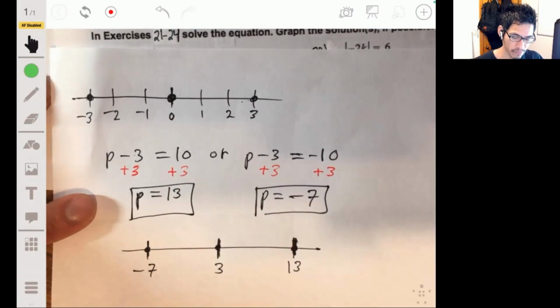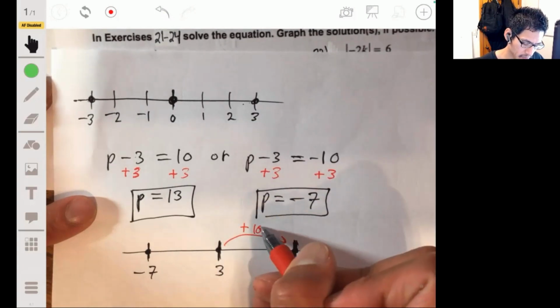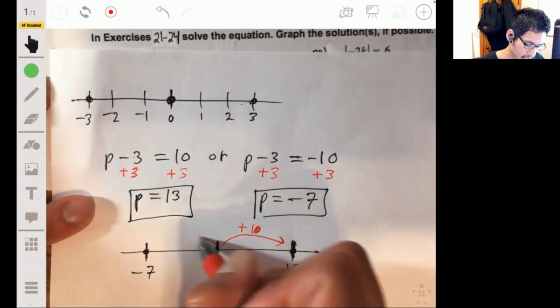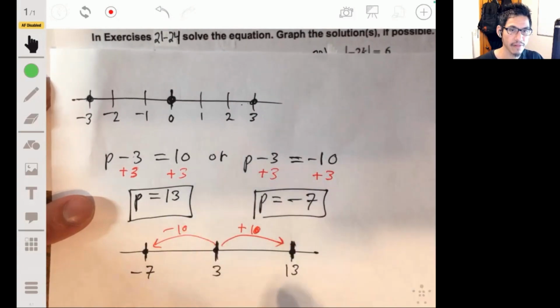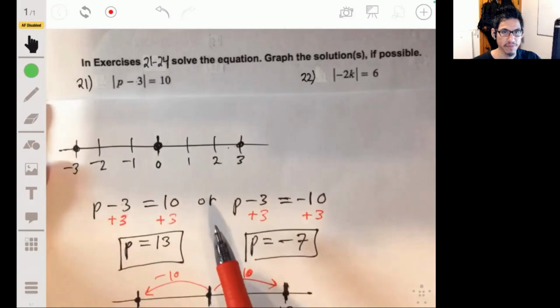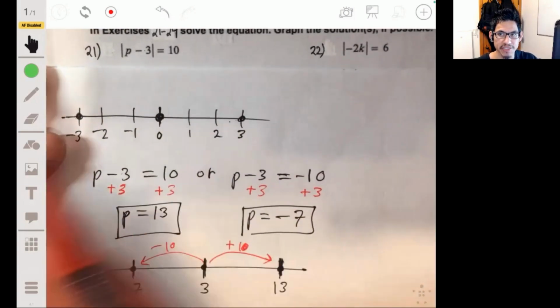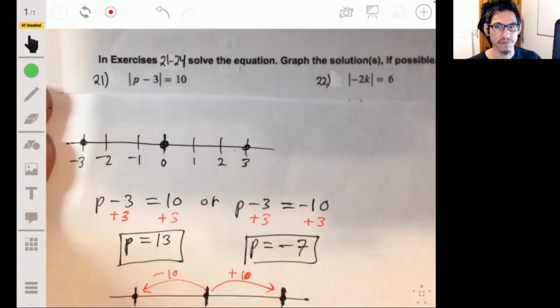Yeah, 3. And they're both 10 units away. This is positive 10 units or plus 10 to the right. This would be minus 10 to the left. That's where that 10 comes into play. Again, they're not always going to be this simple to represent, but that's kind of why we have to do this technique as setting up two equations.